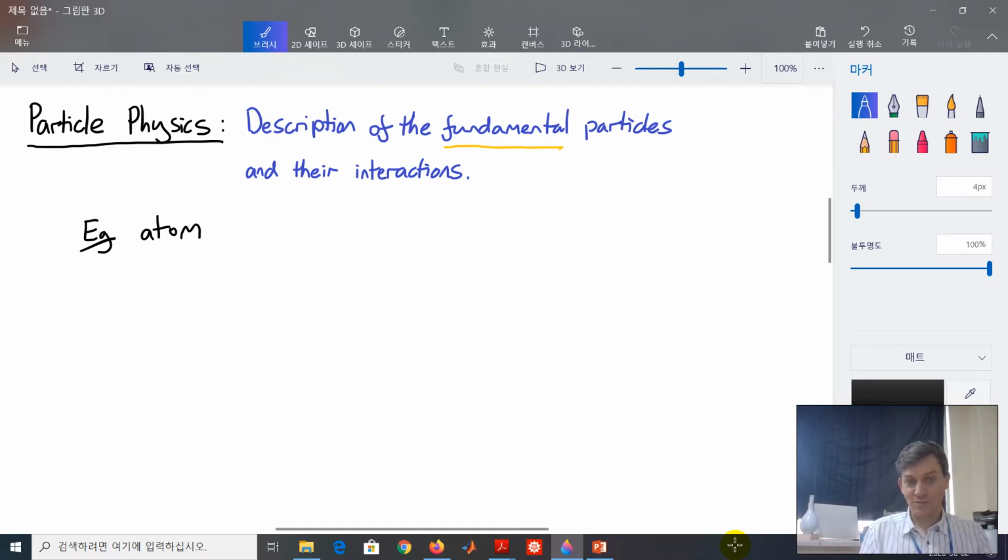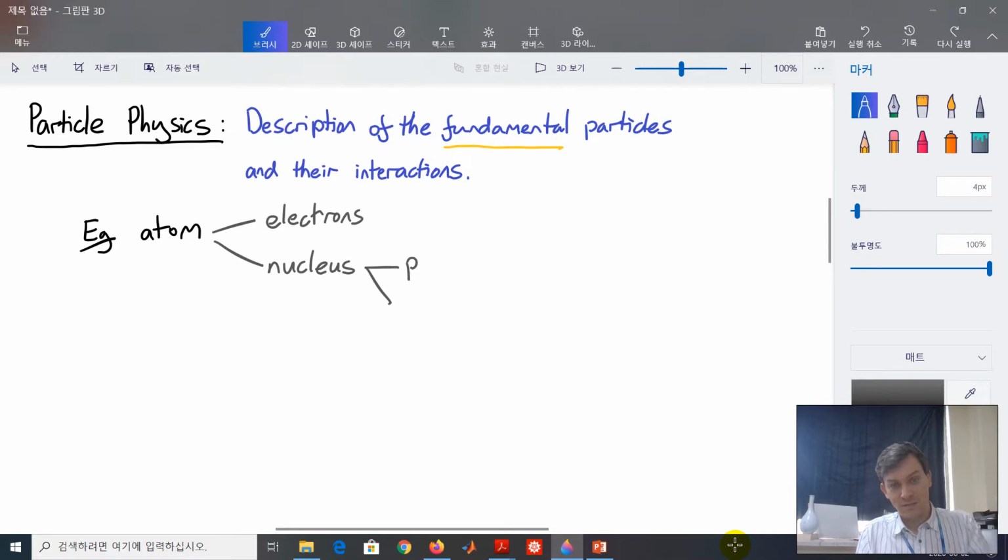First of all, it was discovered that out of the atom you could get electrons, and the remaining part of the atom formed a nucleus. Then it was discovered that the nucleus could be split further into two kinds of particles known as protons and neutrons.